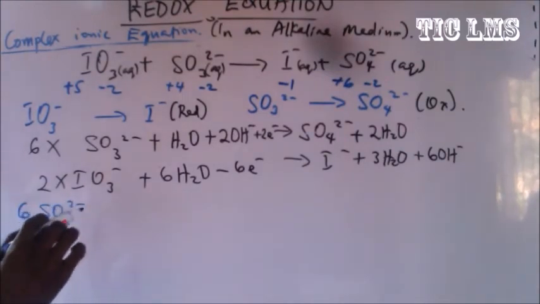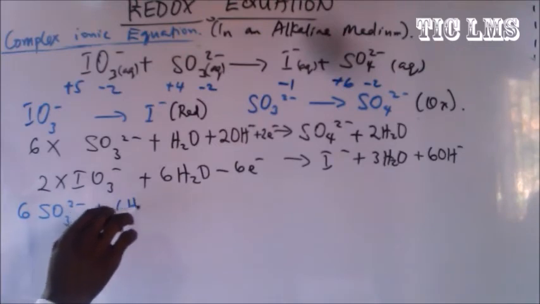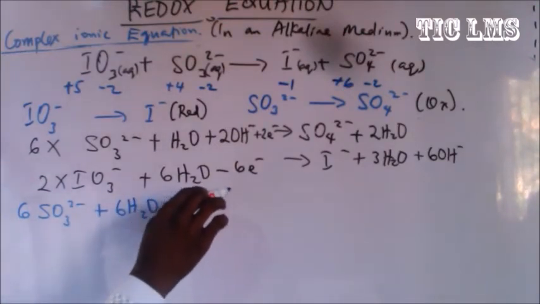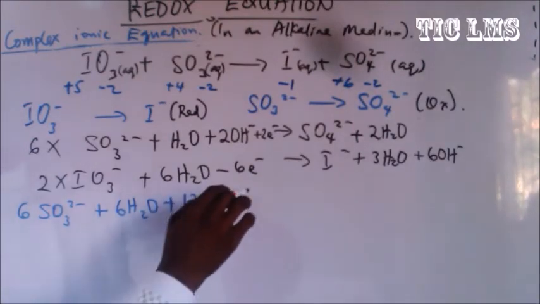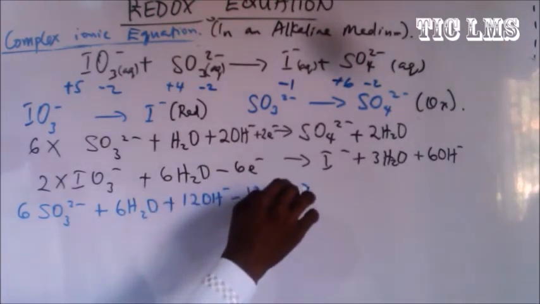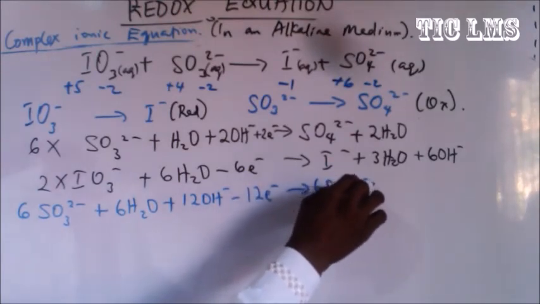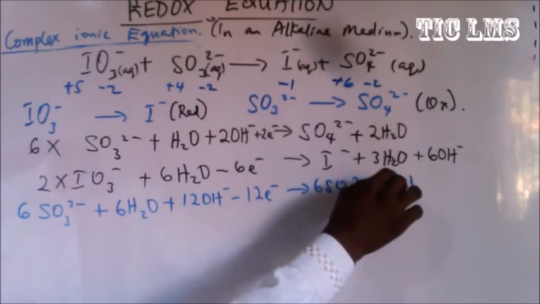6SO3 2- plus 6H2O plus 12OH- minus 12e-, and then we have 6SO4 2- plus 12H2O.